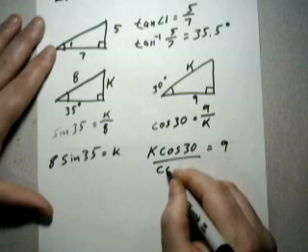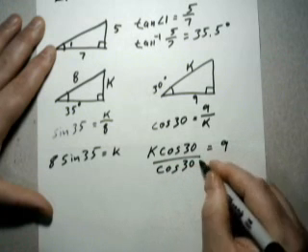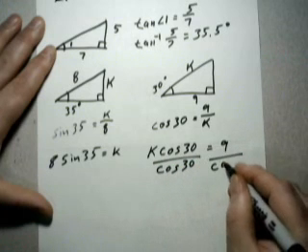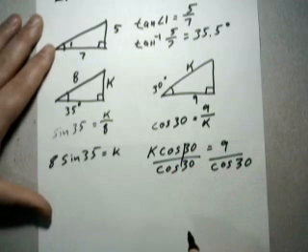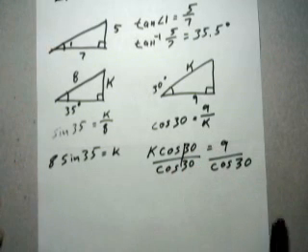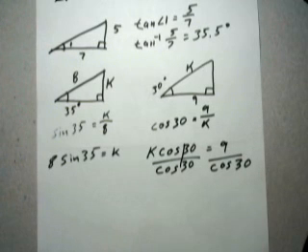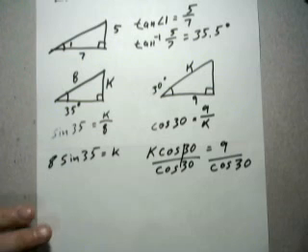And then divide both sides by the cosine of 30. Over here we have K is equal to 8 times the sine of 30, which is 4.